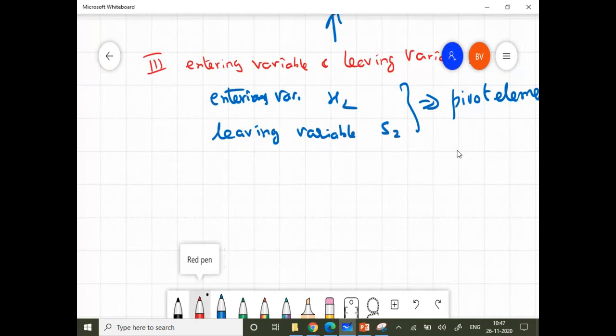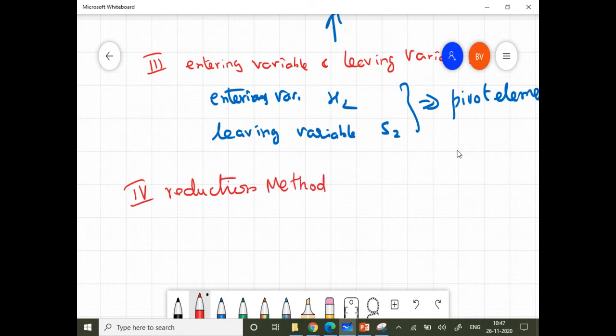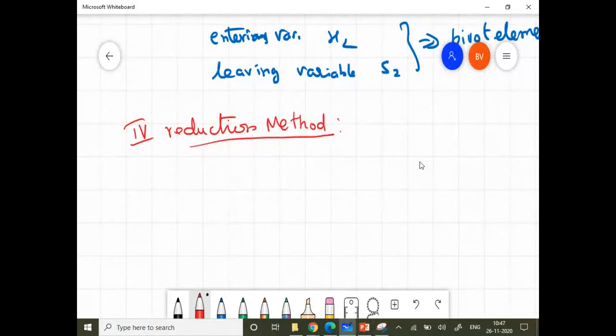Step number 4. Reduction method only for this particular column of x2, isn't it? So let me write the table now. The matrix: 5, 3, 0, 3, negative 1, 1, 2, 3, negative 2, 1, 0, 0, 0, 1, 0.